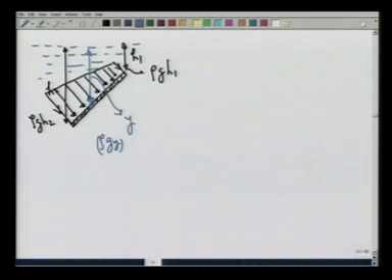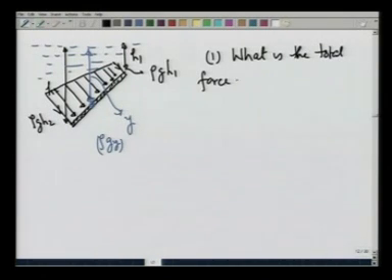First question we want to answer is, what is the total force acting on the plate. That is easy to answer. Let me look at the plate from this side.